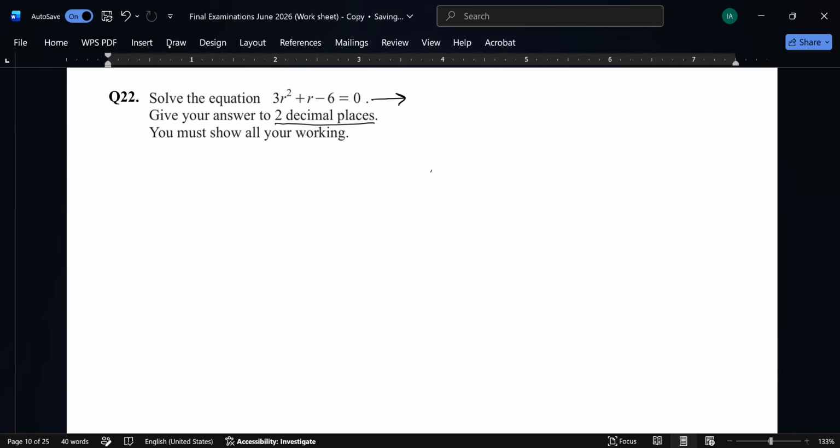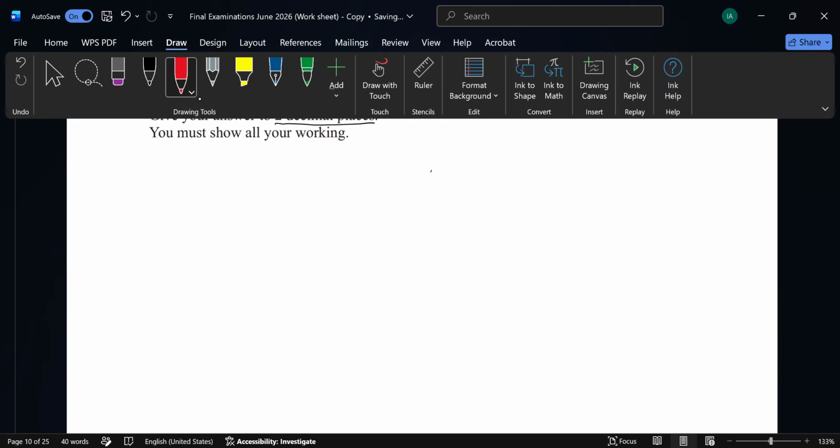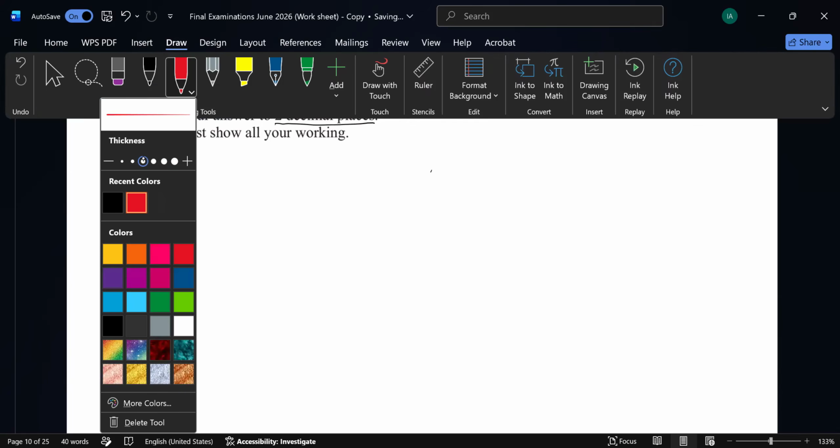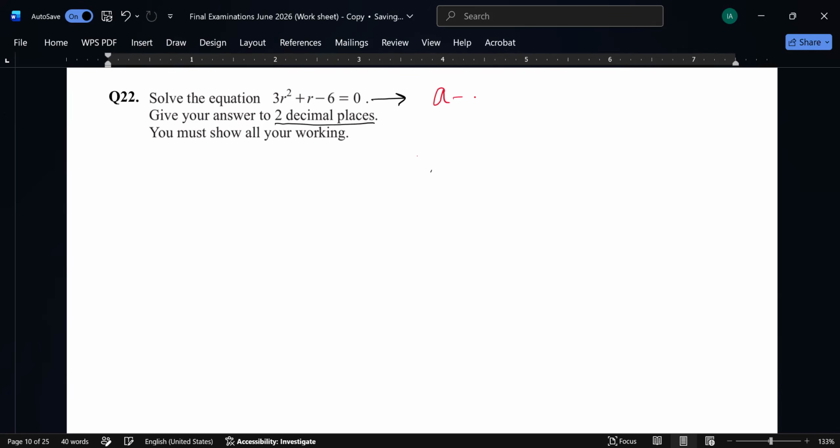So a is going to be 3, b is going to be +1, and c is -6. So we substitute these values in the formula.